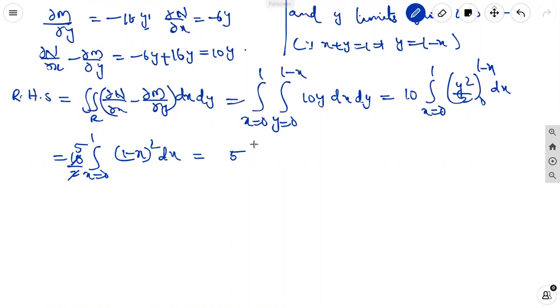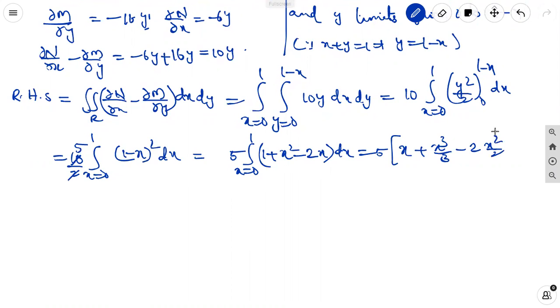It is equal to 5 times the integral from 0 to 1 of a minus b whole square, a square plus b square minus 2ab, into dx. Now we can integrate with respect to x. The integration of 1 is x, x square integrates to x cube by 3, minus x integrates to x square by 2, limits from 0 to 1. It is equal to 5 into 1 plus 1 by 3 minus 1, plus 1 minus 1 get cancelled. The value is equal to 5 by 3.